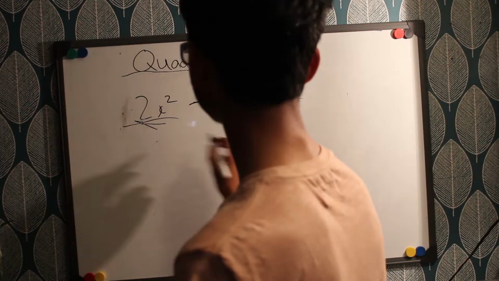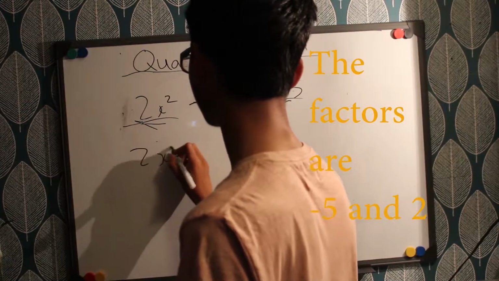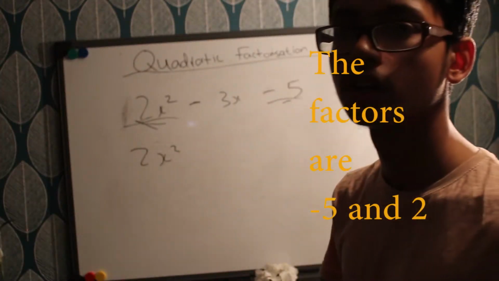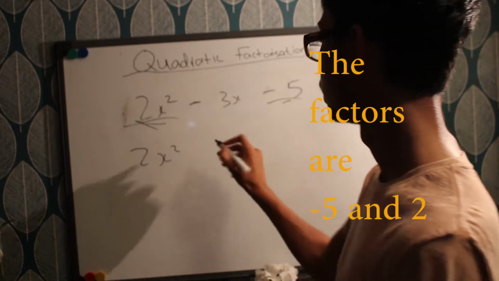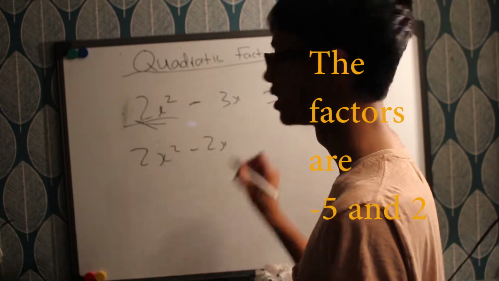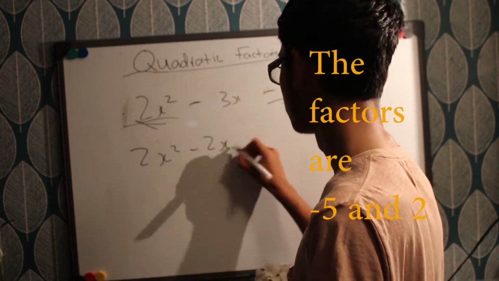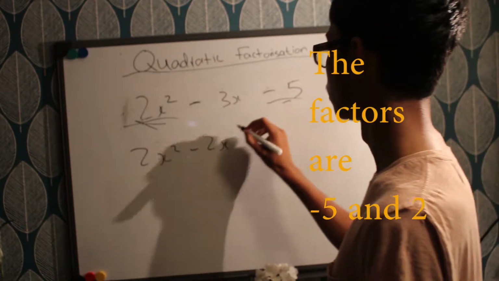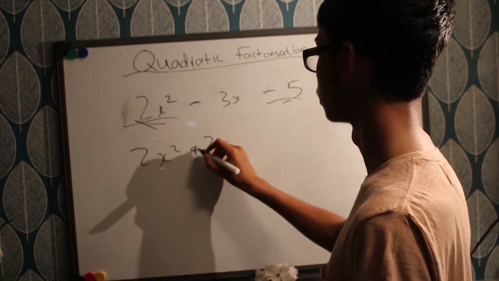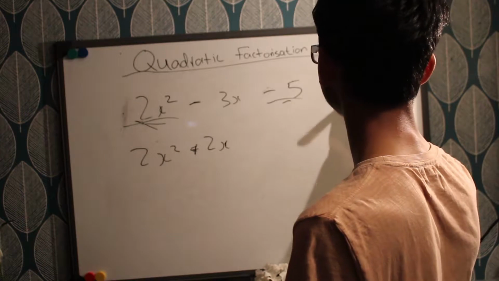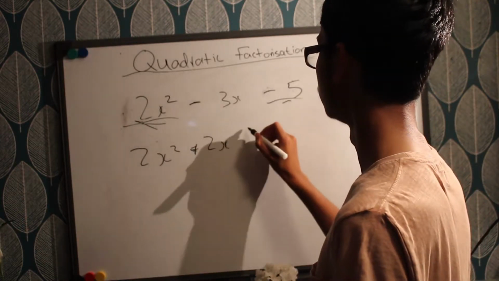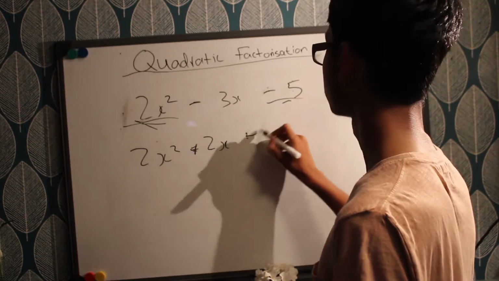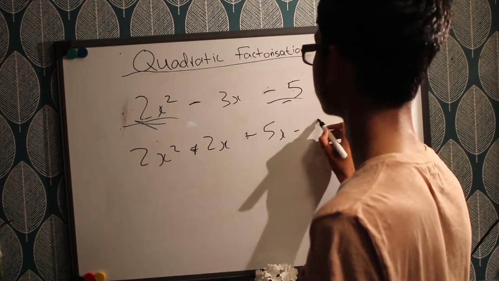So since we know the two factors, I can just do 2x squared. And since the coefficient is an even number and the other factor we got was even, I'm going to put the even factor next to it. It makes it easier when I factorize. So plus 2x, because the factors were minus 5 and 2, and then minus 5x minus 5.